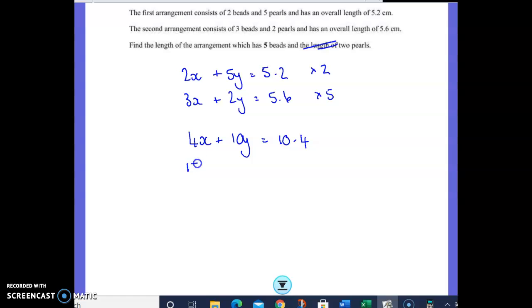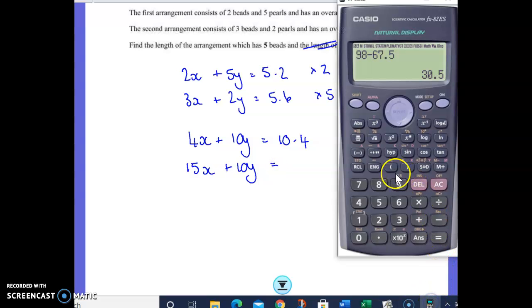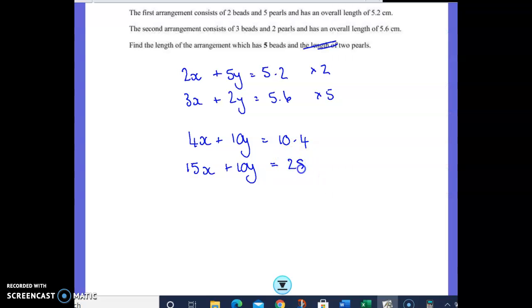Multiplying through by 5, 15x plus 10y equals 28. There's my 2 new equations.